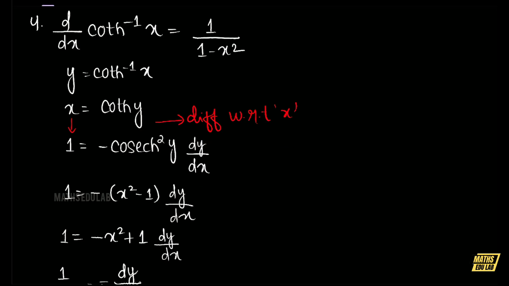Then again we have to follow the formula. We have a formula called cosech square y is equal to coth square y minus 1.